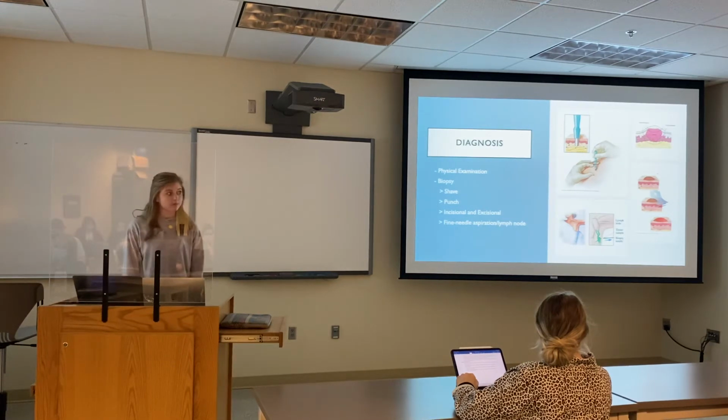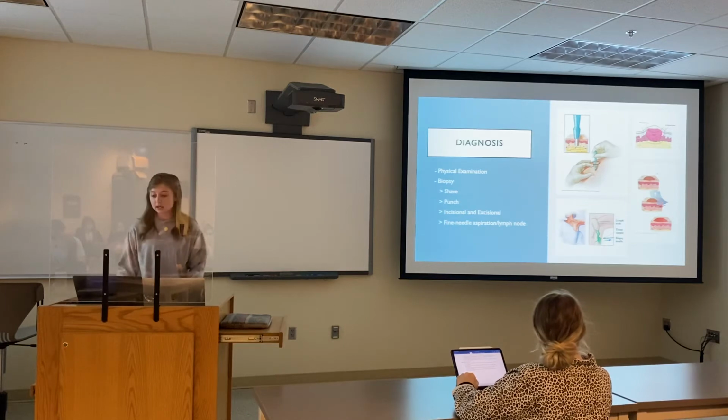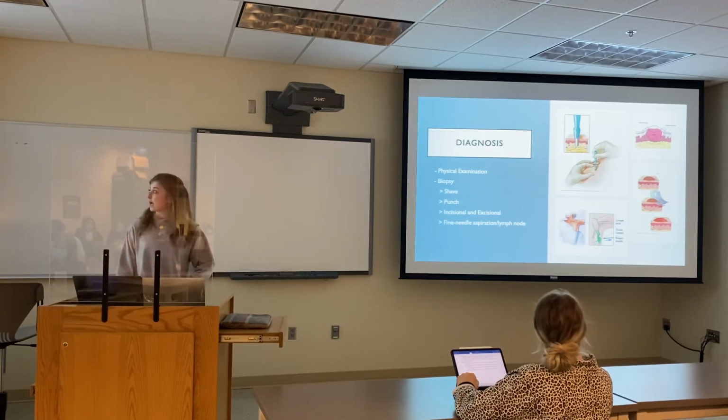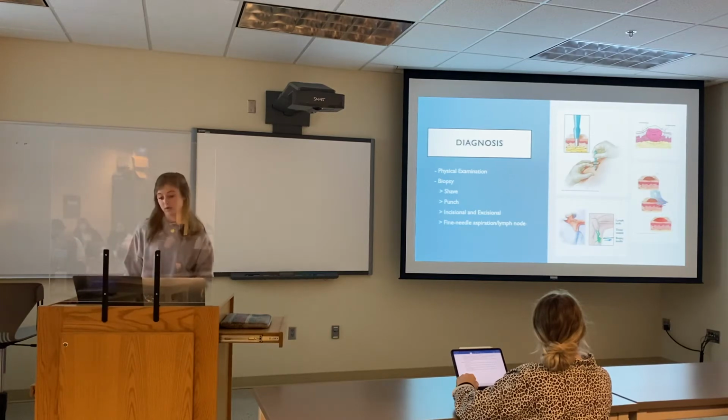And this is the preferred method of diagnosis, and it uses a surgical knife to cut through the full thickness of the skin and removes a wedge of skin. And then the fine needle aspiration biopsy or a lymph node biopsy is the one in the bottom left with the green. And then they just use a needle to remove a very small tissue fragment just to see if the cancer has spread to your lymph nodes or not.